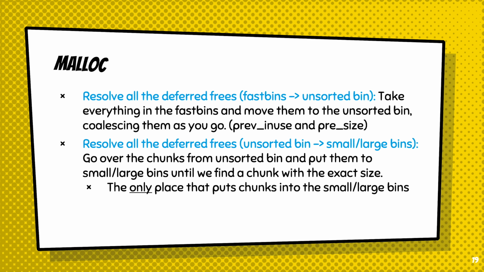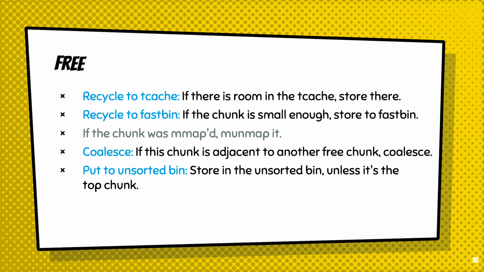And then after that, what we're going to do is resolve all the deferred work coming from unsorted bin. So remember from free that if a freed chunk cannot be put into Tcache and cannot be put into fastbin, then we're going to just dump it into unsorted bin.